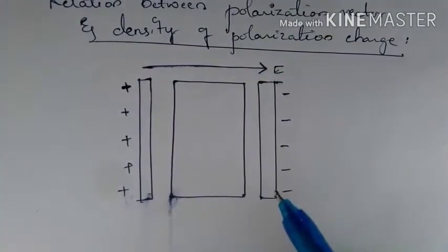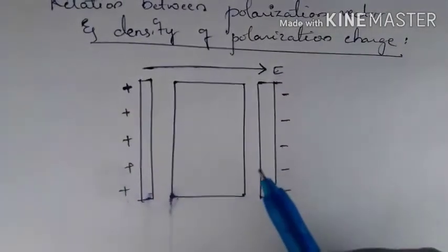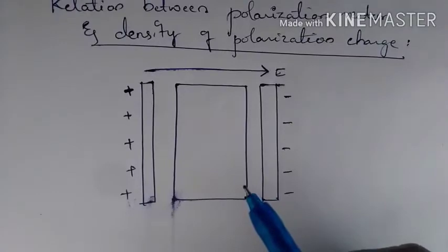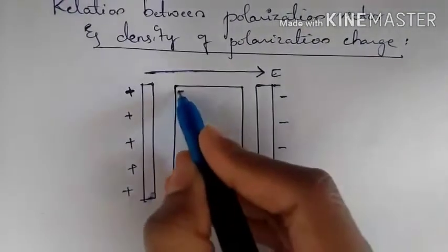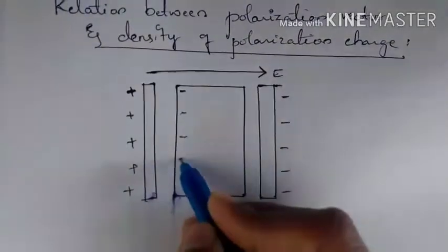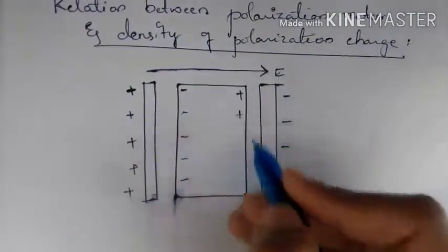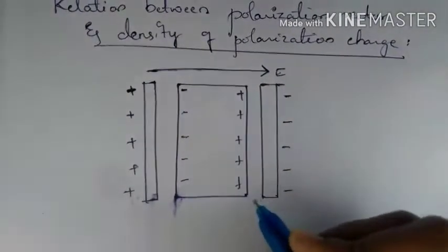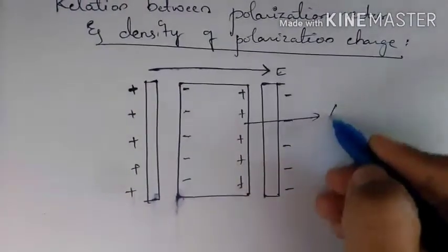So there will be induced charges on the two faces of the dielectric substance. Two different charges: towards the positive plate, a negative layer will be formed, and towards the negative plate, a positive layer will be formed in the dielectric slab.